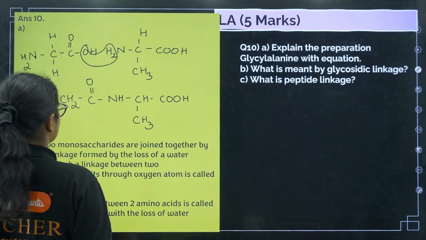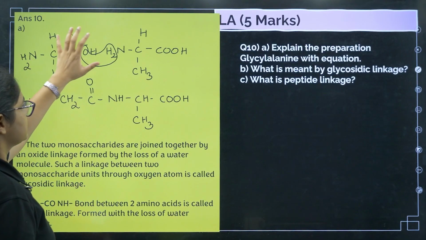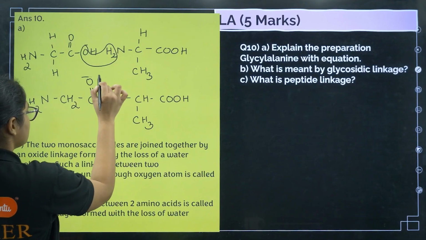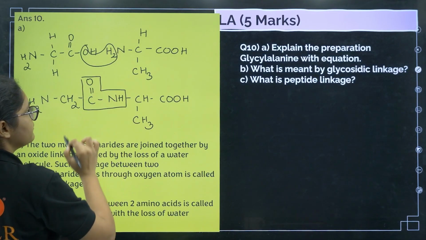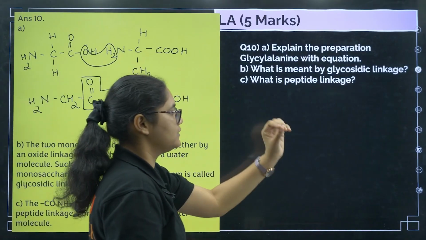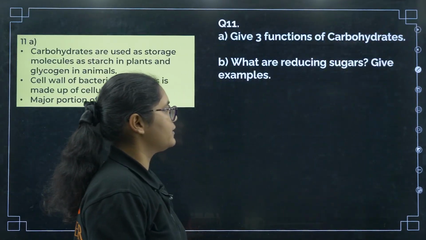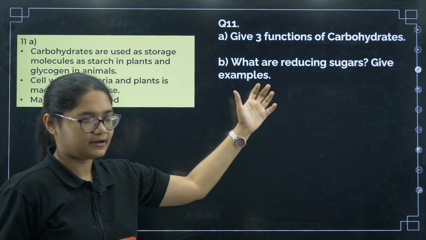Okay, clear? Yes, this I have discussed. So this is the peptide bond formation between the glycyl and the alanine, glycine and alanine.